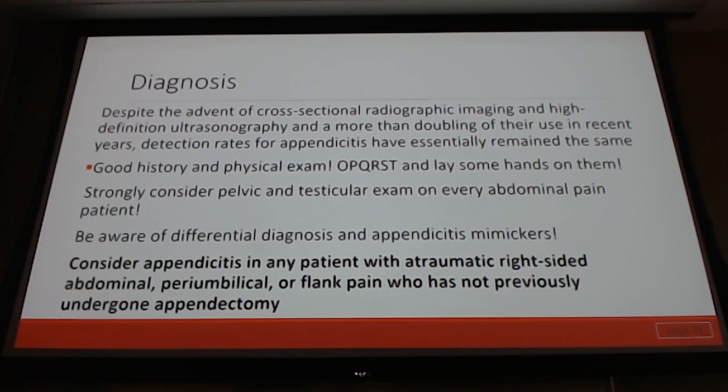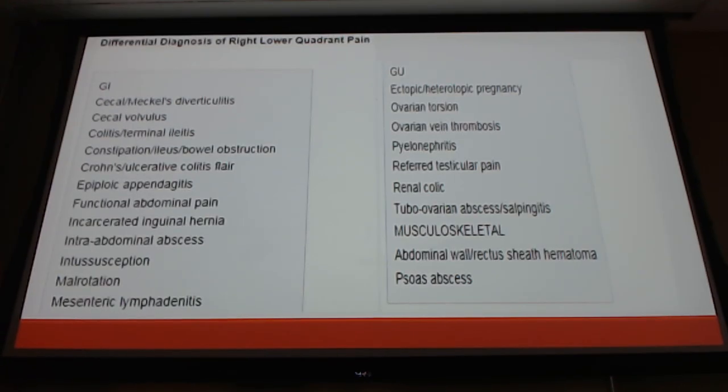So it's largely a clinical diagnosis is what we're getting at here. Pelvic and testicular ultrasound, potentially, if the radiating pain is going down to the testicles. So just be aware of those appendix mimickers. Again, if they have not had an appendectomy, we need to be very concerned, putting that at the top of our differential.